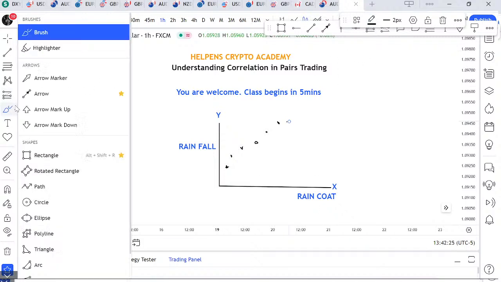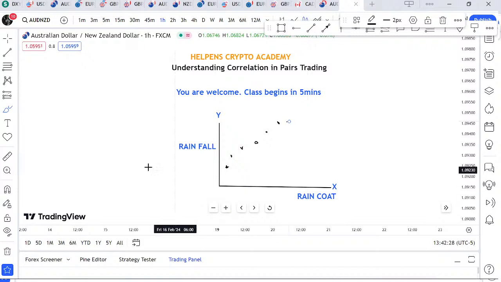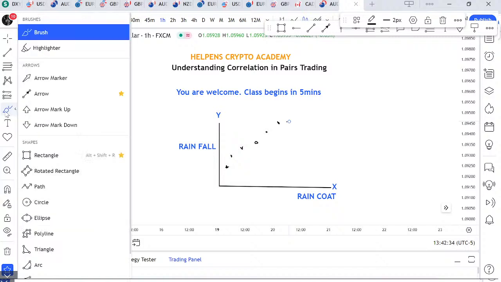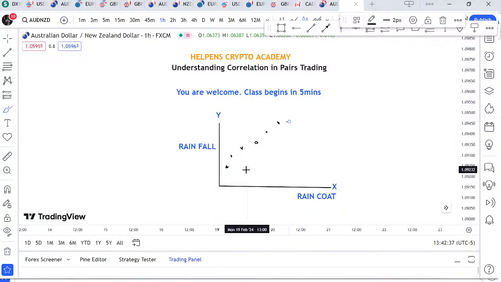You understand now? With correlation we are measuring two things together. As rain increases, the number of raincoats bought in that month will be correlated with it.